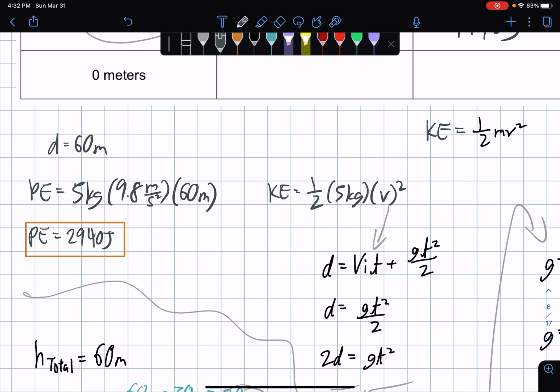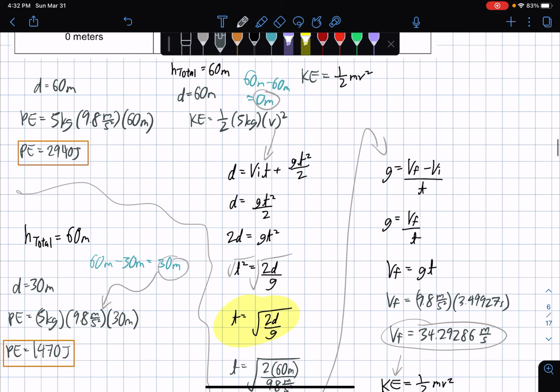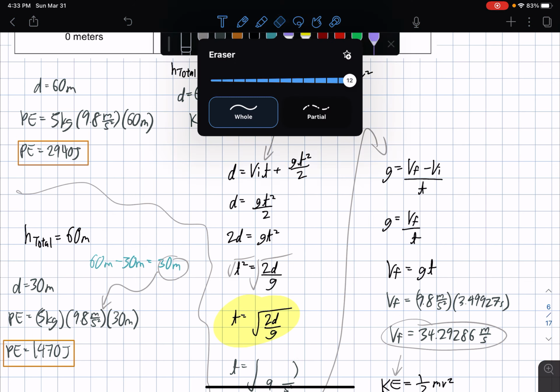For PE, this is the distance that we use. But for KE, since the total height is 60, and the given is 60, 60 meters minus what's being given right now amounts to 0 meters. So this is the distance that we use in looking for KE. Where do we use that distance? Here.